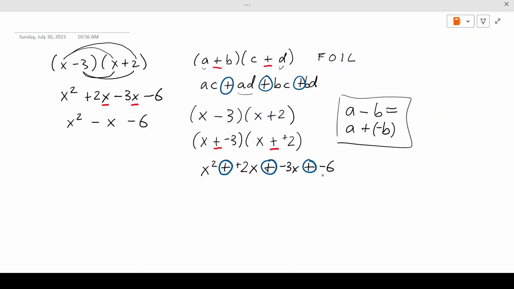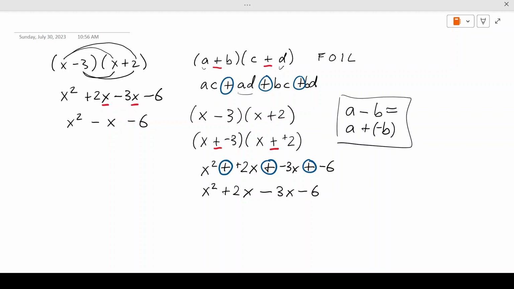And now on this line here, I'm going to use my integer operation rules to clean this up a bit. We don't normally put plus negative, because as we know from right over here, plus a negative is the same as minus a positive. So I clean this up. I say x squared plus positive 2x, that's x squared plus 2x, plus negative 3x is the same thing as minus positive 3x, plus negative 6 is the same thing as minus positive 6.